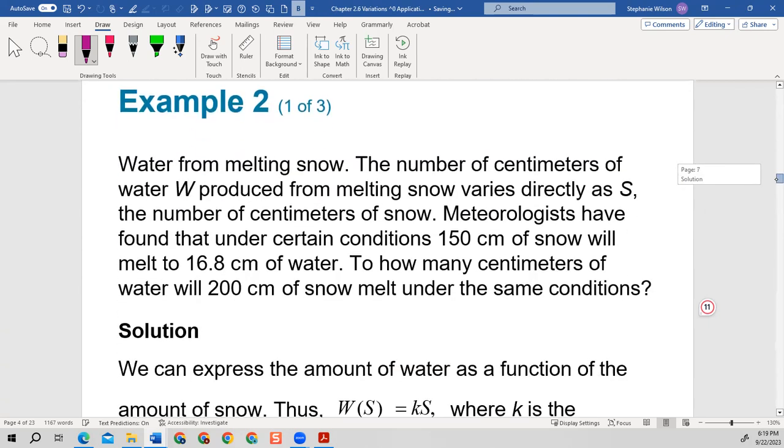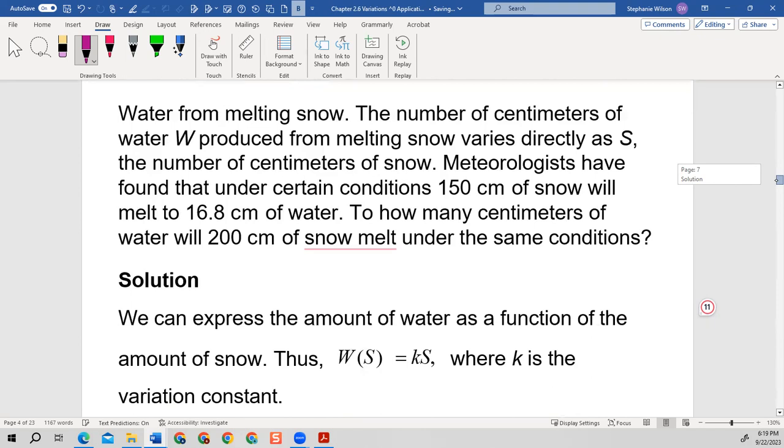Our second example, water from melting snow. The number of centimeters of water, and we're going to call it capital W, produced from melting snow varies directly as S. We're going to let S be the number of centimeters of snow. Meteorologists have found that under certain conditions, 150 centimeters of snow will melt to 16.8 centimeters of water.